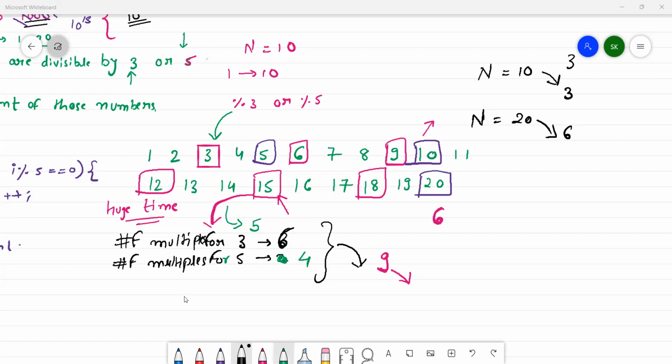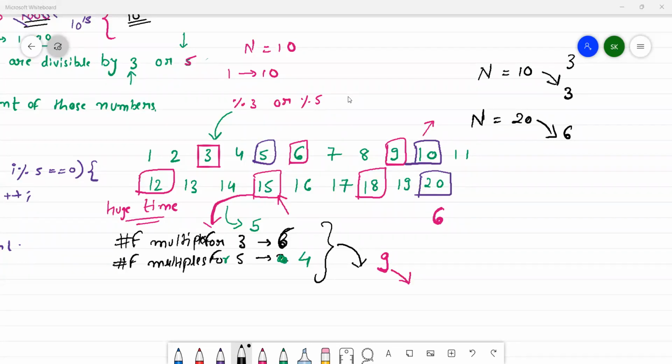We will store the multiples of 3 in a different array, and we will store the multiples of 5 into a different array, and we will start a for loop for each element in array 1. If the element is not in array 2, then we will store that element in another array, and we will simply count the elements in that array.